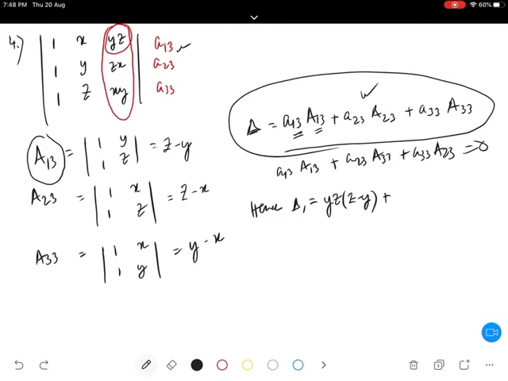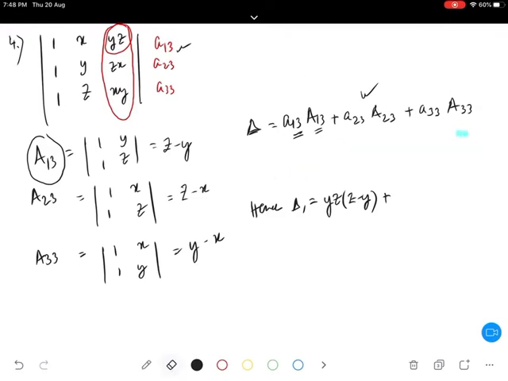What is A23? Let's remove this thing. A23 is zx, right? So I have zx, and capital A23 is z minus x. And plus A33. A33 is xy, and capital A33 is y minus x.